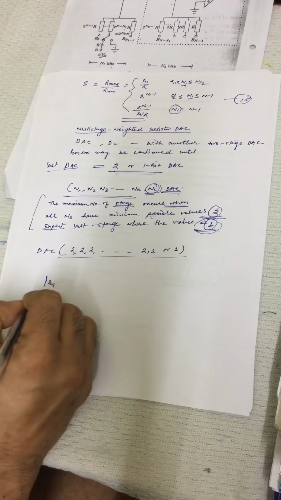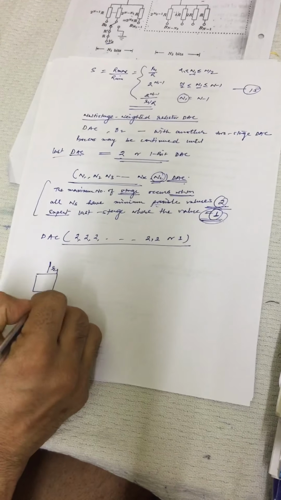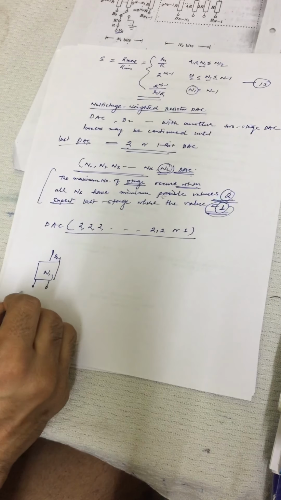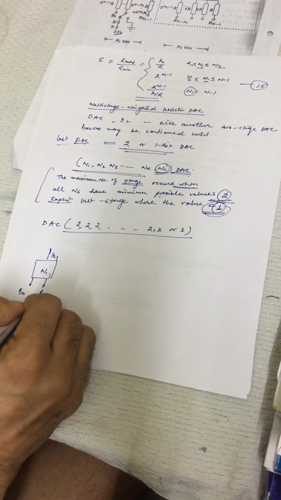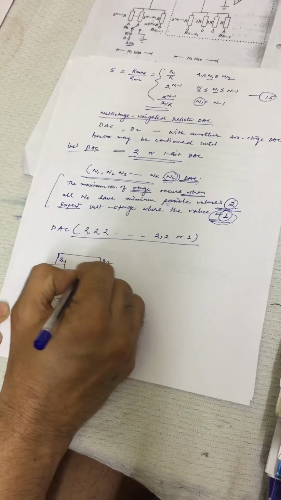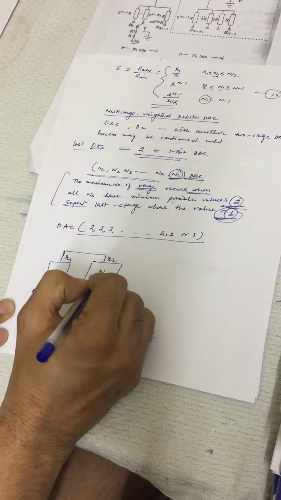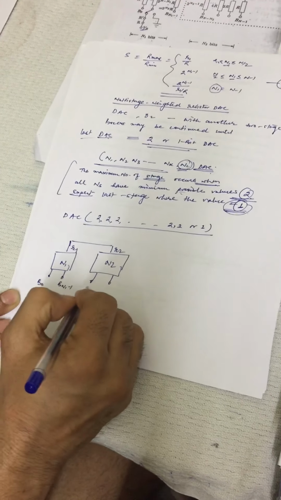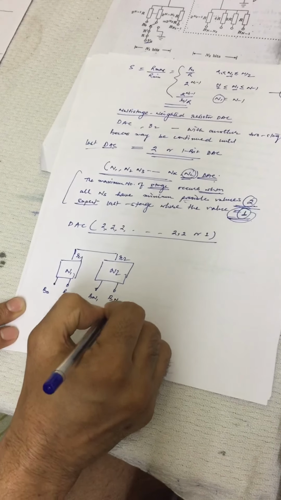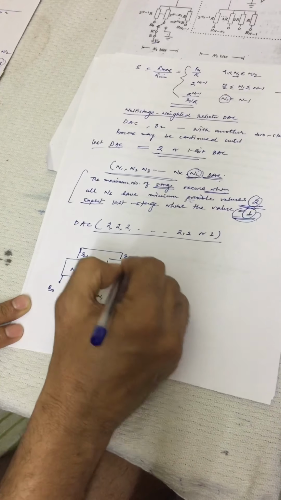Suppose there is a resistance R1. This is my N1 stage having the inputs B0 to Bn1 minus 1. Then resistance R2, the second stage N2, with inputs again Bn1 to Bn1 plus N2 minus 1.